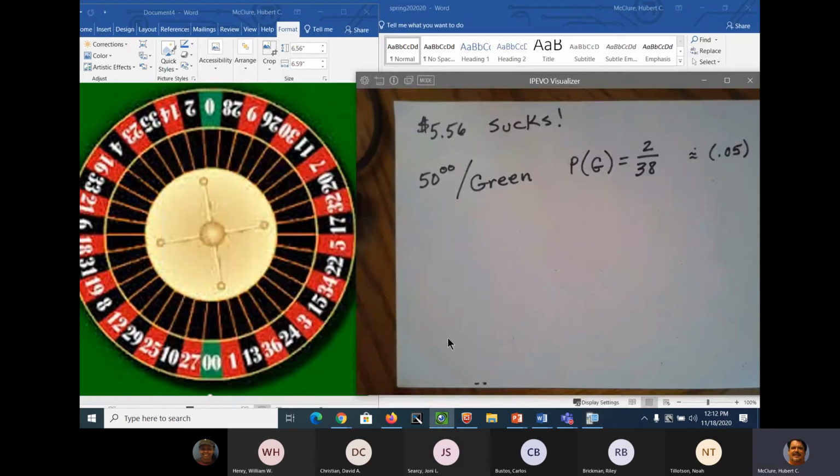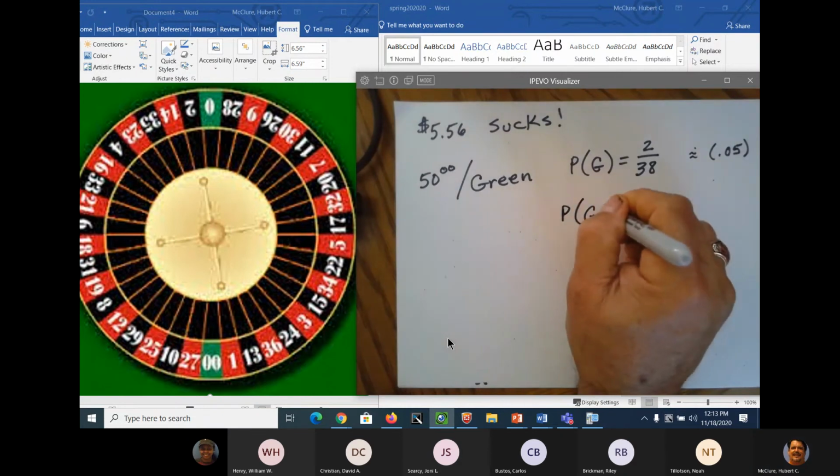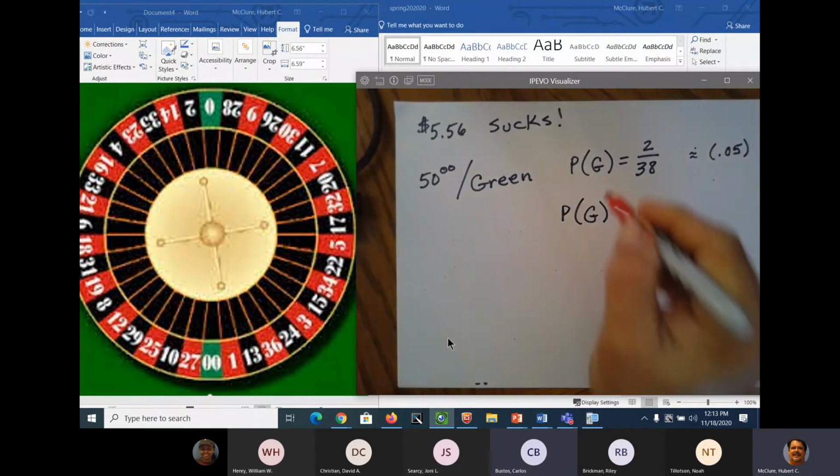So the payout's going to be big. So somebody tell me what the probability of not green is. 36 over 38. Good job.